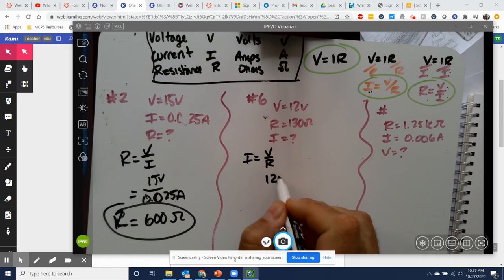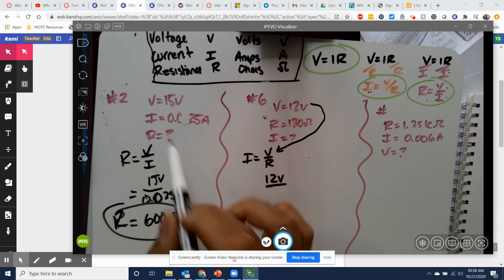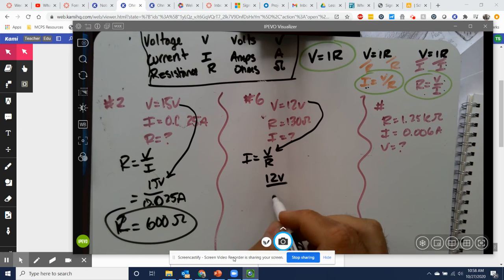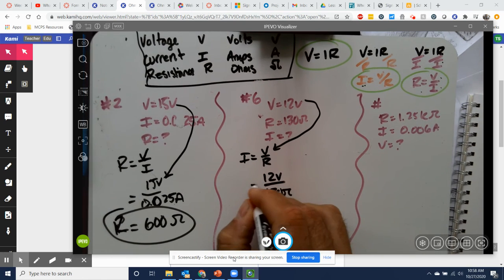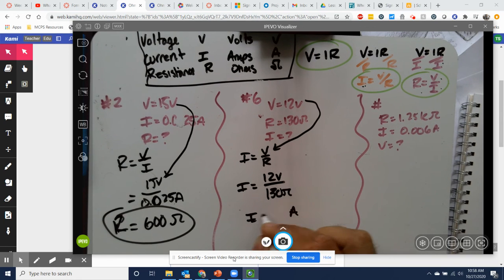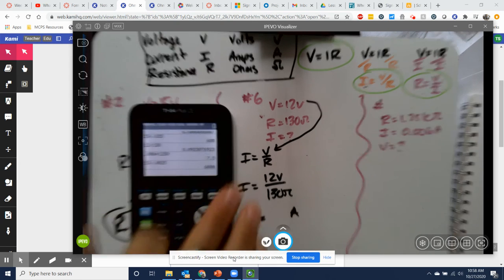So 12 volts divided by the resistance, 130 ohms. And we know that our current should come out in amps, right? Current is in amps. And what is 12 divided by 130?